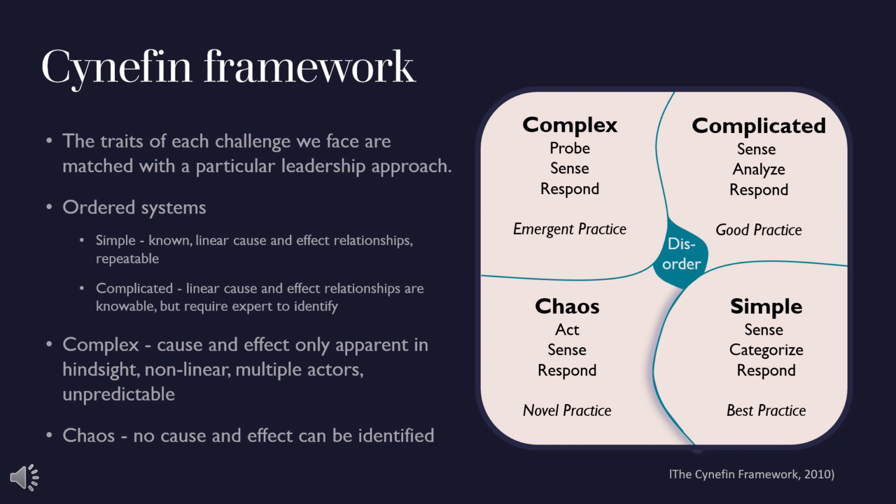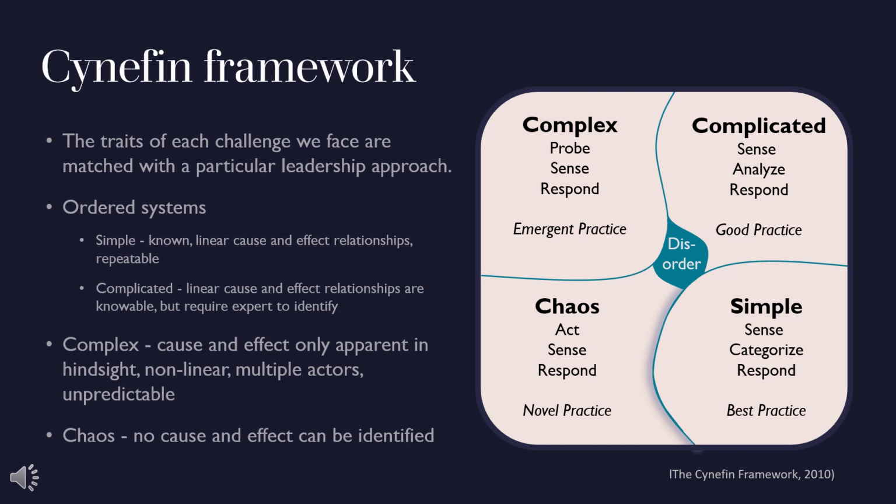And it's that iterative approach of engaging, probing with the system, getting information, making sense of that information, and then responding and continuing to learn through those responses. And this is the space of emergent practice, where the practice may be really unique to a particular context and requires that iterative learning from the system's response to take into account all of those different dynamics we discussed at the beginning of this module.